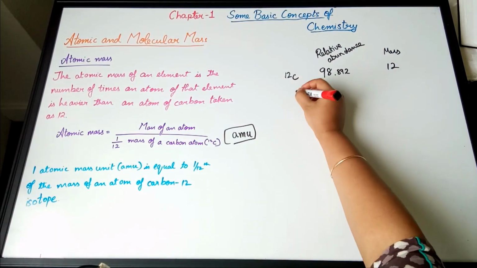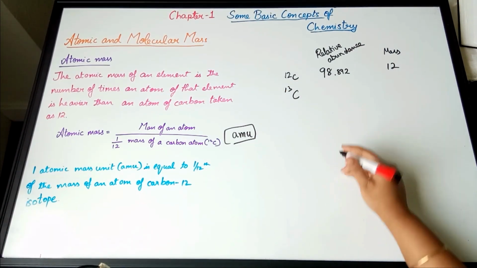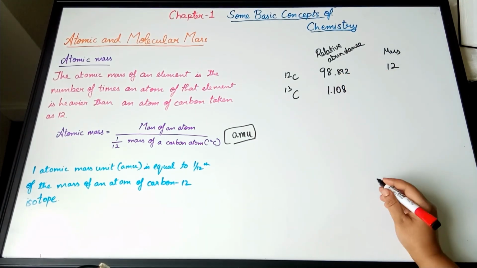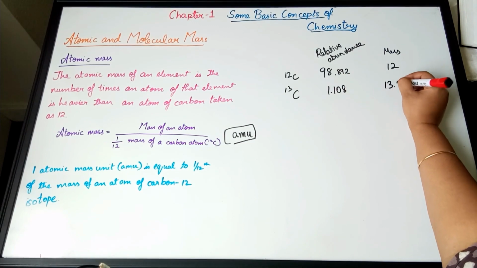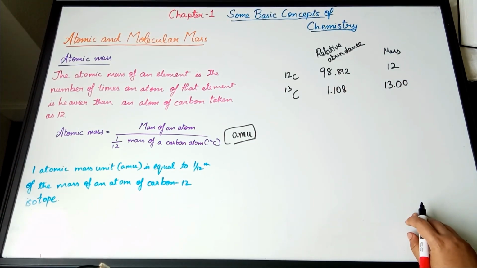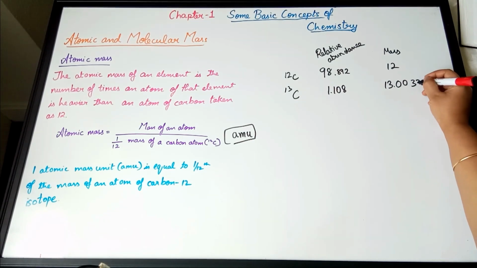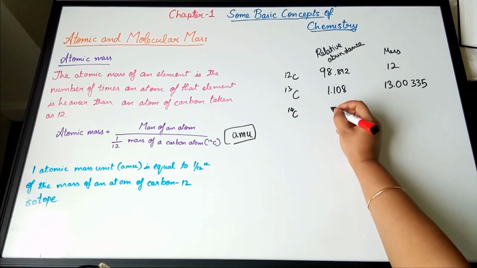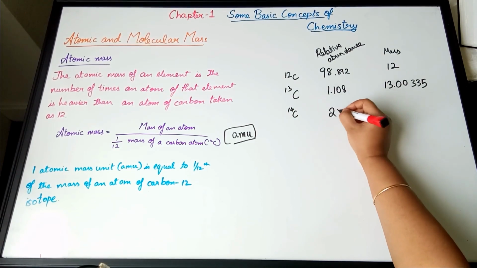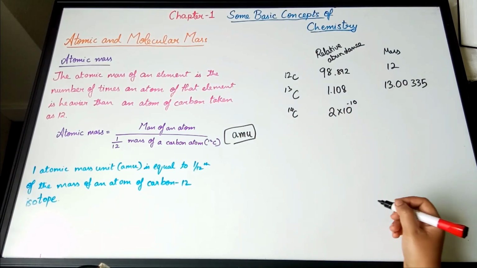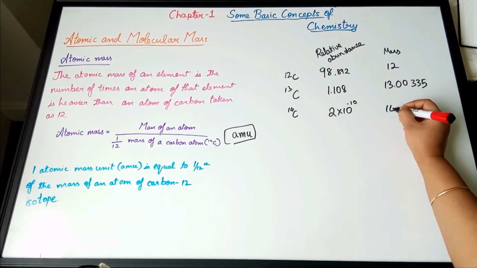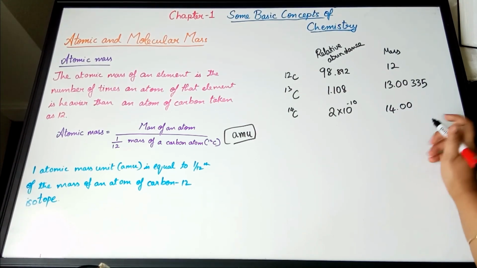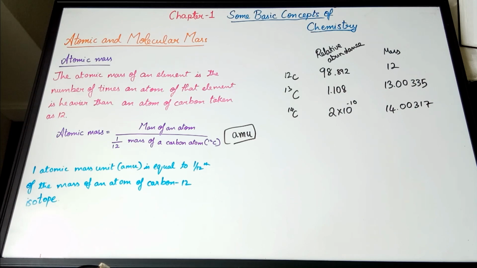Next, C-13 has a relative abundance of 1.108, whose mass is 13.00335. And C-14, whose relative abundance is 2 into 10 to the power minus 10, and whose mass is 14.00317.